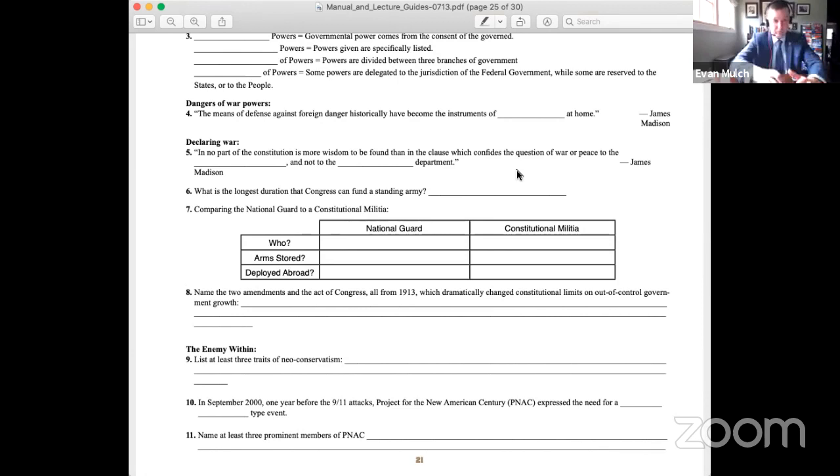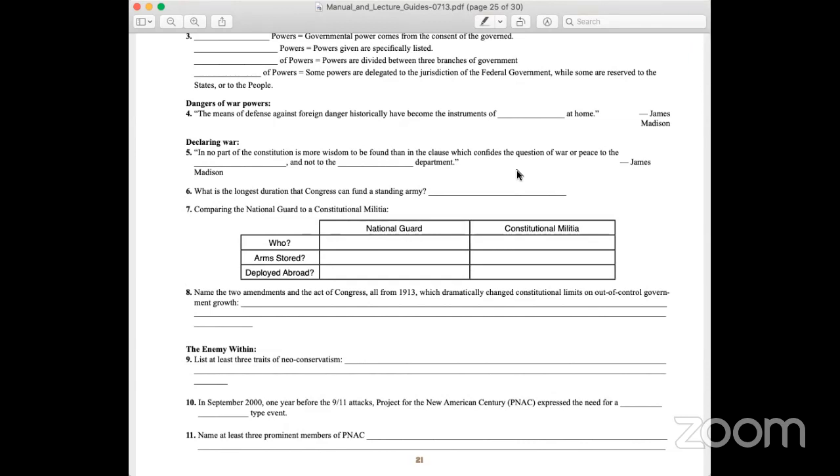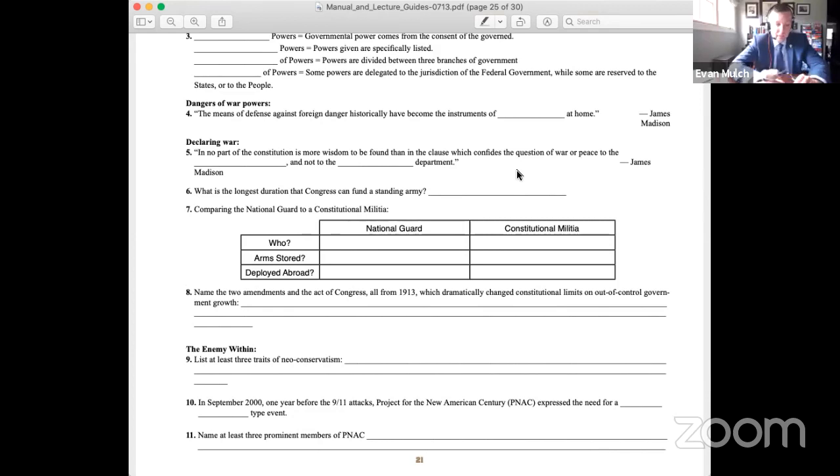Okay, number 5, declaring war. In no part of the Constitution is more wisdom to be found than in the clause which confides the question of war or peace to the blank and not to the blank department. This is by James Madison. In no part of the Constitution is more wisdom to be found than in the clause which confides the question of war or peace to the legislative, that's the answer there, and not to the executive department.